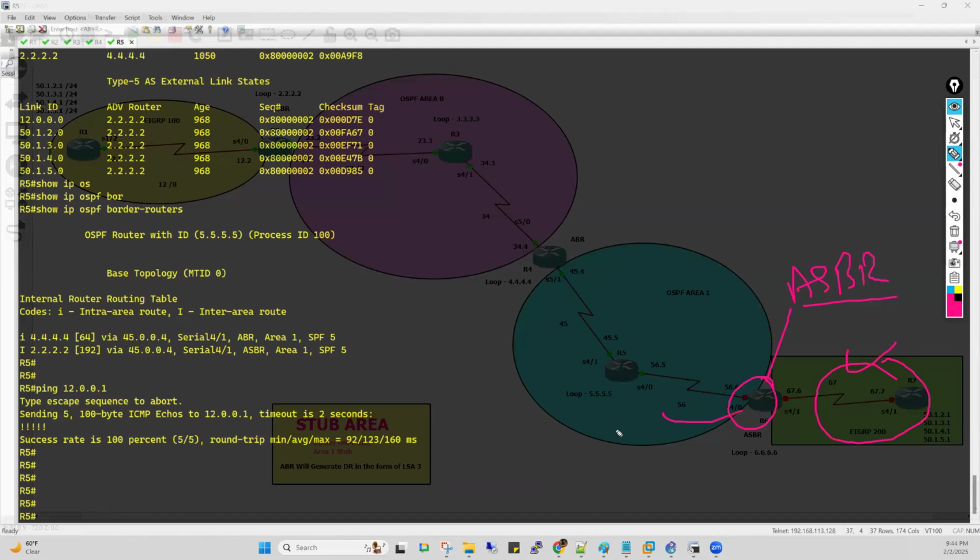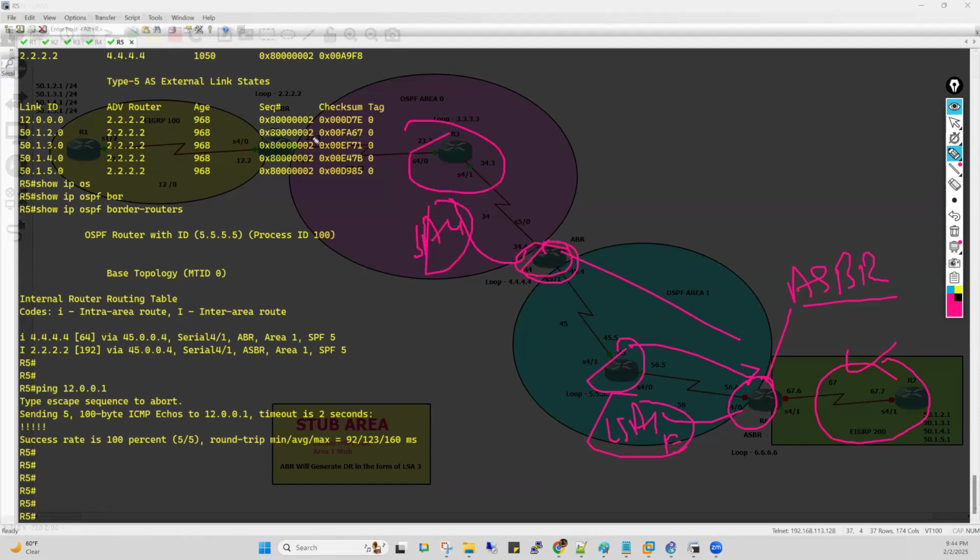It will generate LSA number 1, and in LSA number 1 the E bit will be on. So this router will get to know this router is an ASBR, and this router will get to know this is an ASBR. Getting my point? Now what will this router do? This router will generate the LSA number 4 to inform this router and this router about who is the other ASBR. Getting my point? Yes or no?